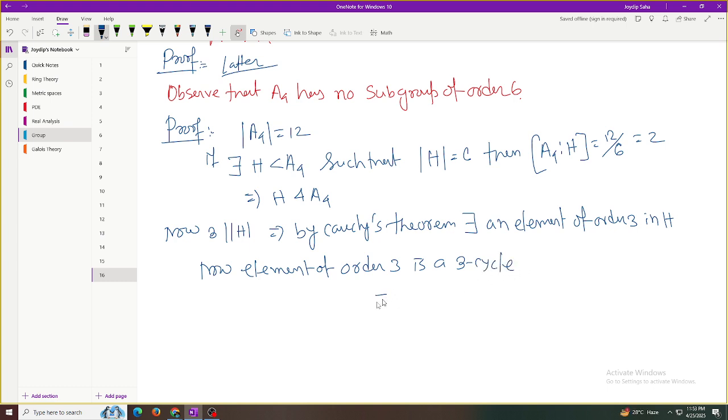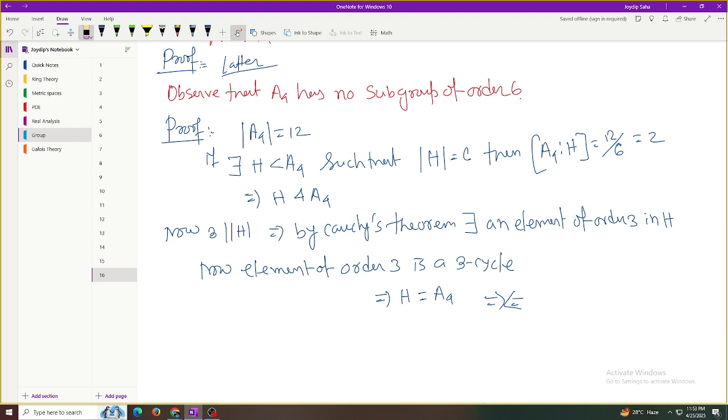This implies H equals A4 by this lemma. Therefore, a contradiction, because the order of A4 is 12 and H is 6.